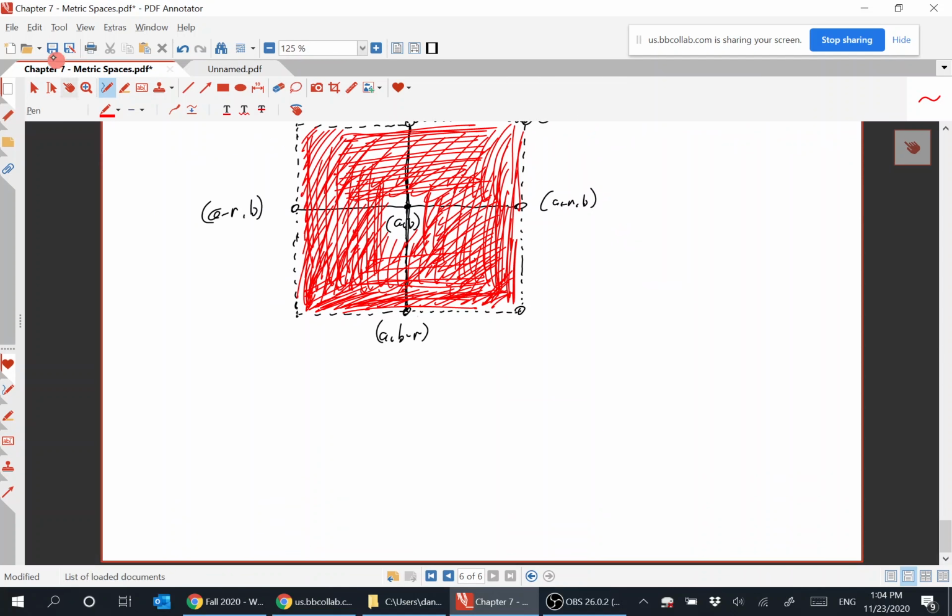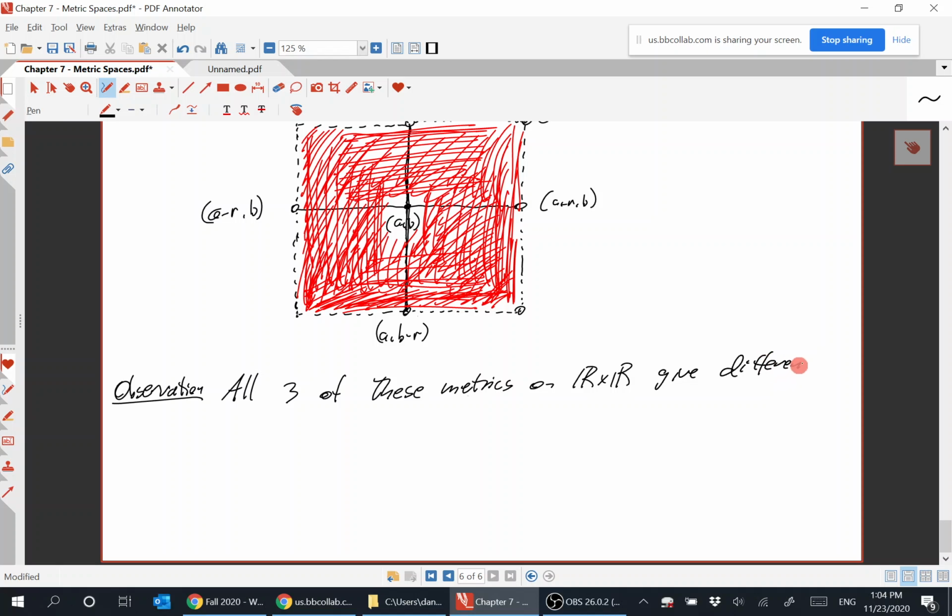So if you view all three together, all three of these metrics on R cross R give different notions of the ball around AB.